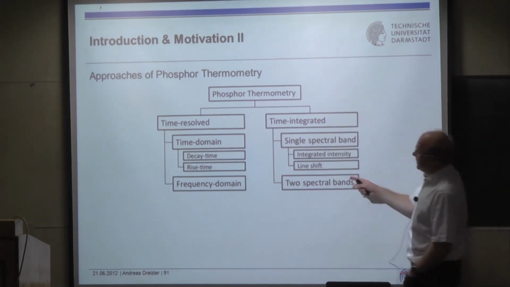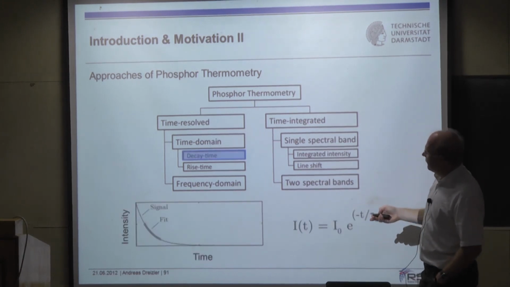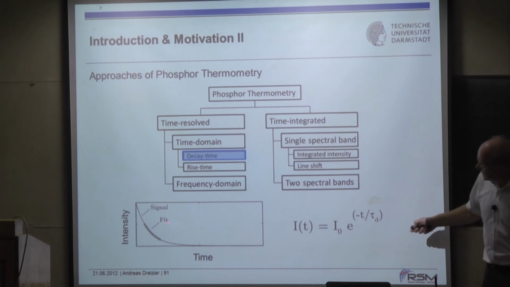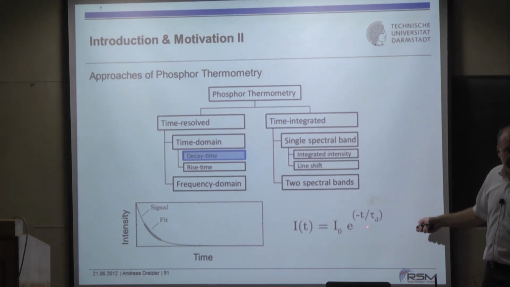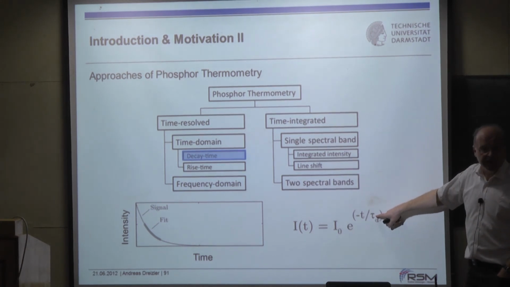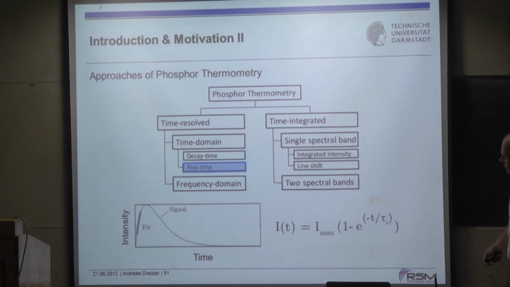You can go time resolved or time integrated. If we go time resolved, the first option is in the time domain, as just shown: measure the decay time, shown schematically once again. This is after a very short excitation, the decay, and you fit something like this equation, mono-exponential, and all you do is determine this decay time. And the decay time is a direct function of the temperature.